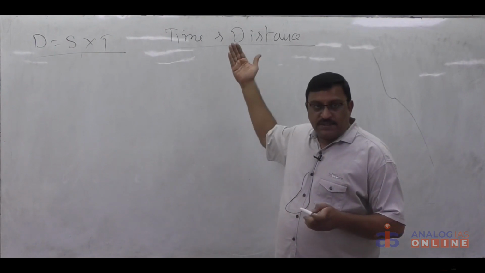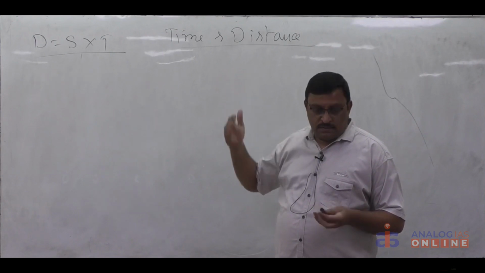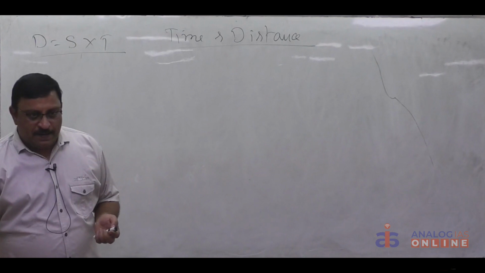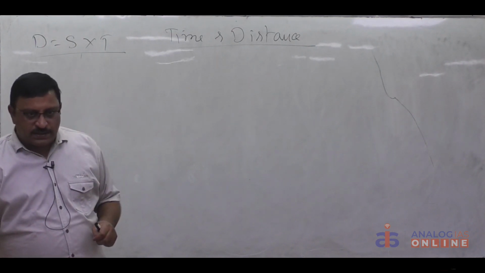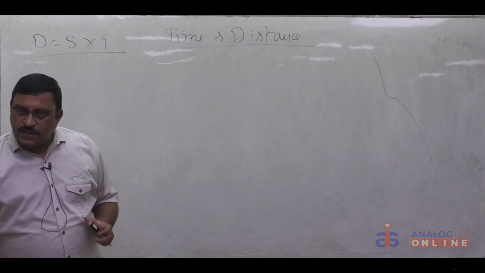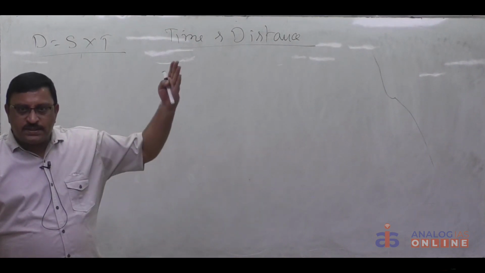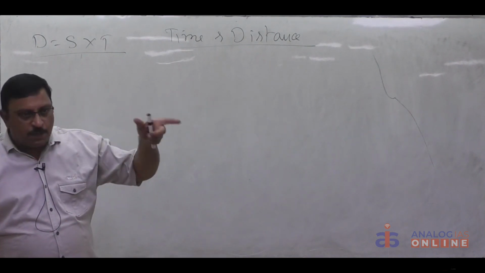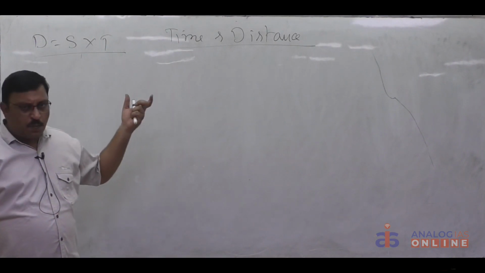If time increases, distance also increases, if speed is constant. More distance, more time. So obviously it is a direct proportion. So time and distance both are in direct proportion.